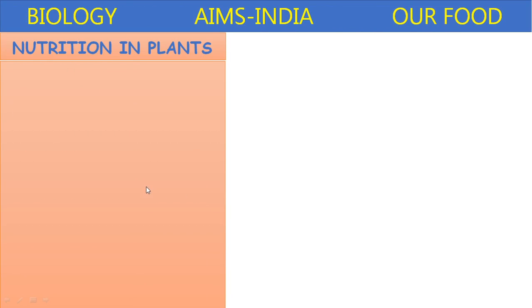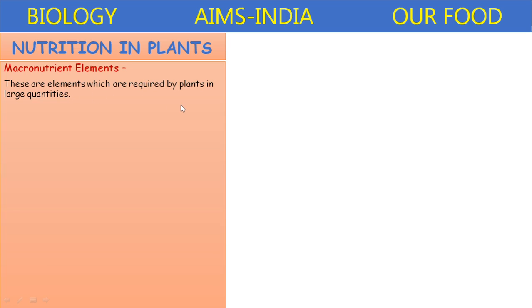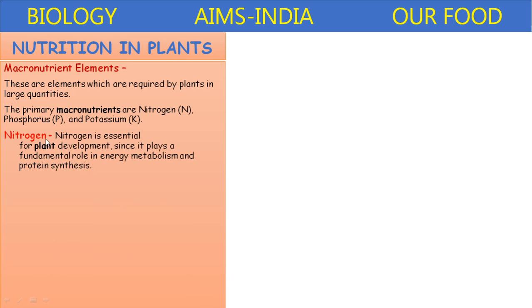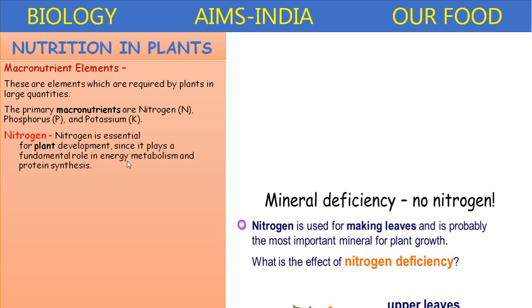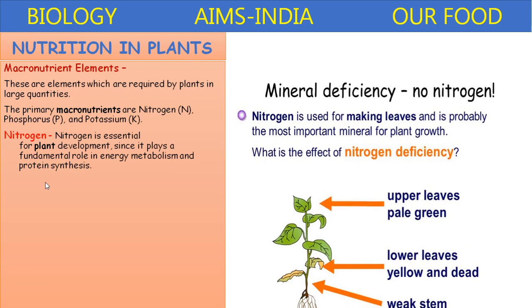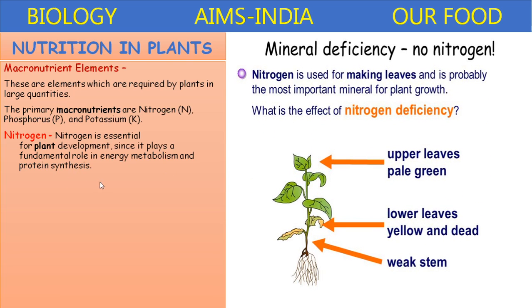Next, macro elements. These are the elements which are required by plants in large quantities. The primary macro elements are nitrogen, phosphorus and potassium. Nitrogen is essential for plant development since it plays a fundamental role in energy metabolism and protein synthesis.